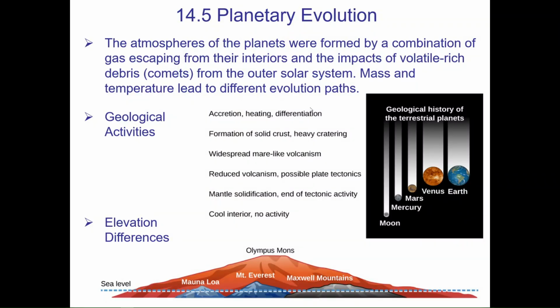That is the step of differentiation, which happens very early. Due to differentiation, iron and heavy metals are concentrated at the center, leaving a lighter crust toward the surface. Later on, that led to the formation of a solid crust. And there's a bombardment period, which means they are still clearing out the debris. There's still a lot of debris hitting the surface.